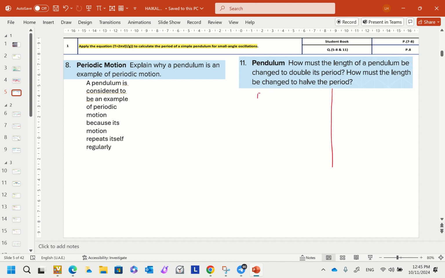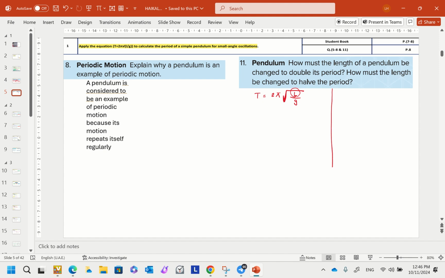So you must understand the relationship between the period and the length of the pendulum. Now the equation says the period is equal to 2 pi, which is a constant, multiplied by the square root of the length of the pendulum divided by the gravitational field. You can see that the relationship between T and the length is a direct relationship, and you can see that there's a square root on top of our length.